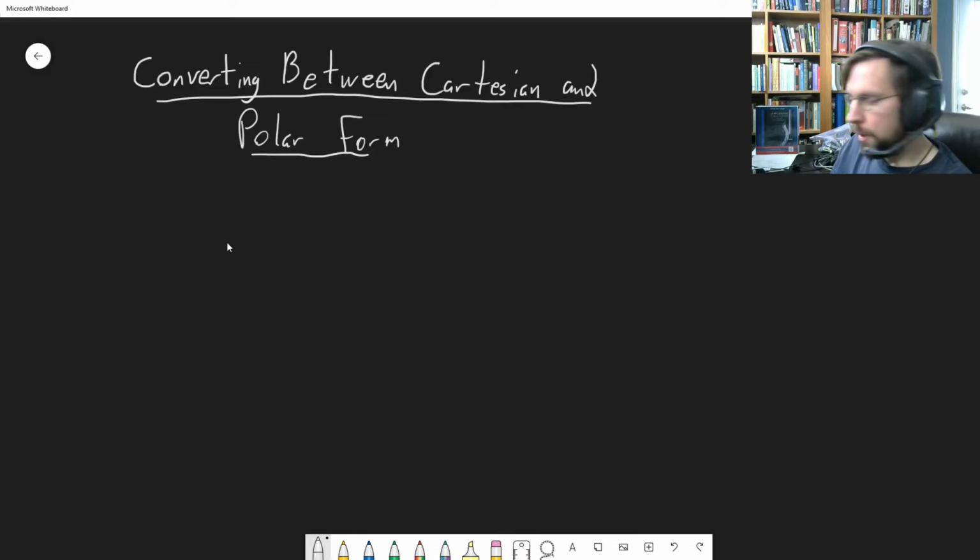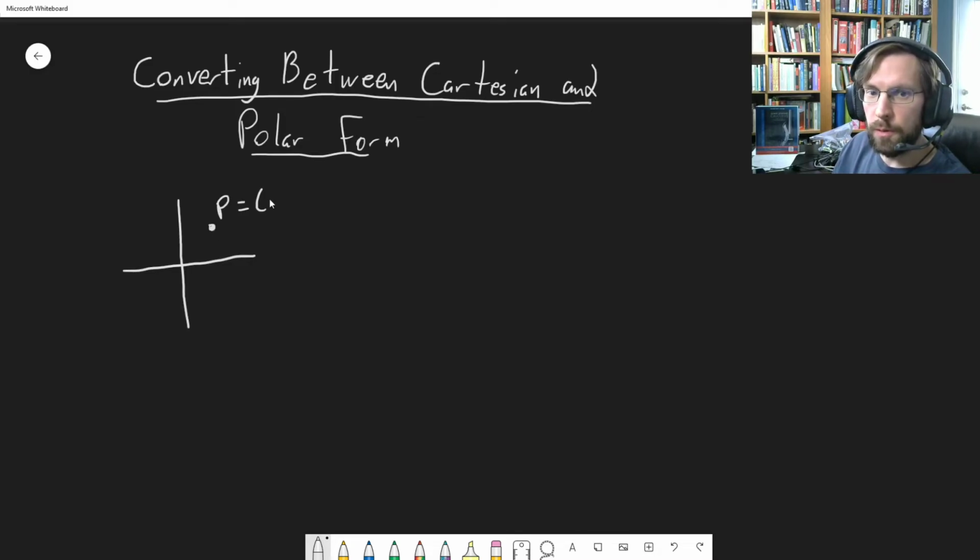So one way we can do this is let's just draw a picture. So I have a point P right here, and I know I can write this point P as x, y in Cartesian form.